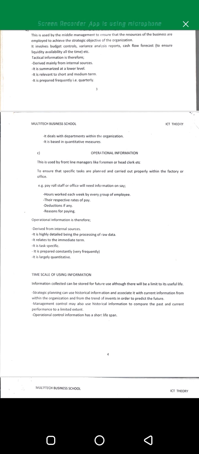So operational information is used by lower management, where lower management can include foremen, team leaders, and other subordinates at the lower level. People like cashiers, people like receptionists. These are the lower level managers. So these are the people who use operational information.